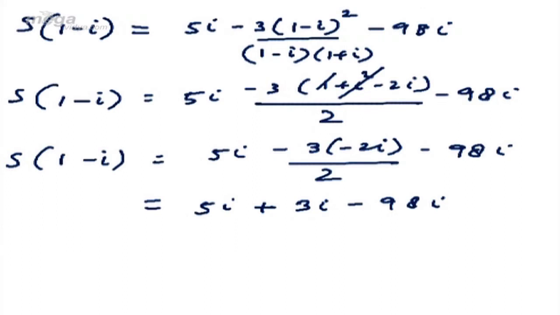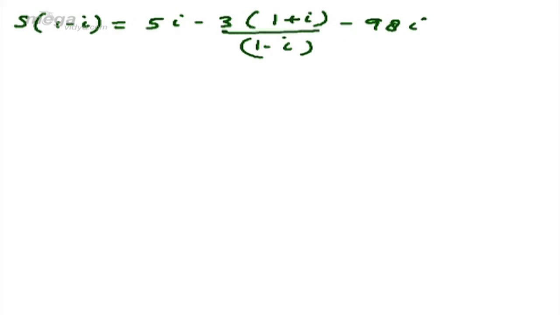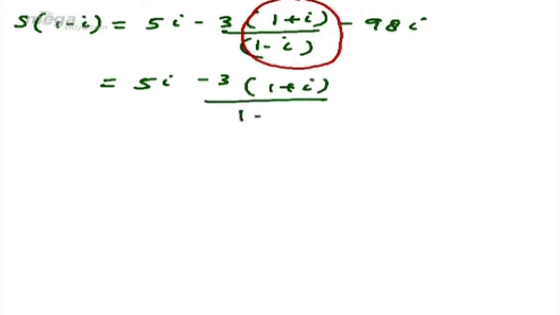S into (1 minus i) is equal to 5i minus 3 into (1 plus i) upon (1 minus i) minus 98i. Now we rationalize this complex number. So 3 into (1 plus i) upon (1 minus i). We multiply by (1 plus i) in both numerator and denominator.